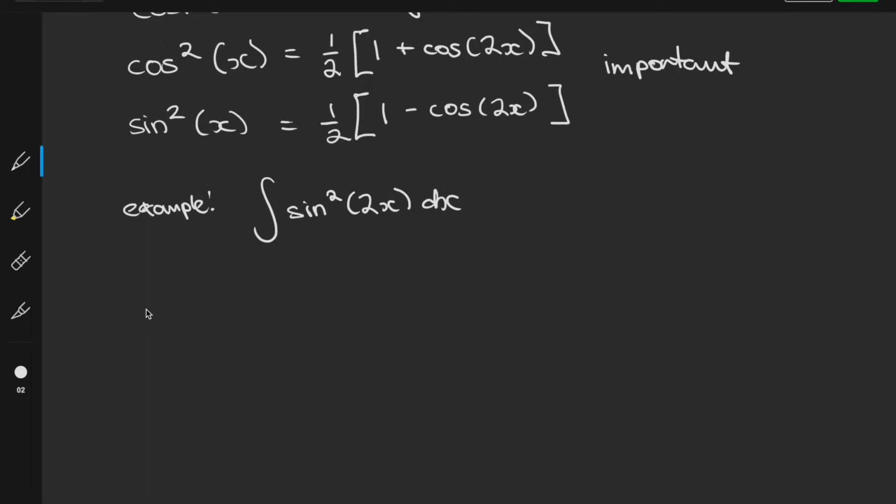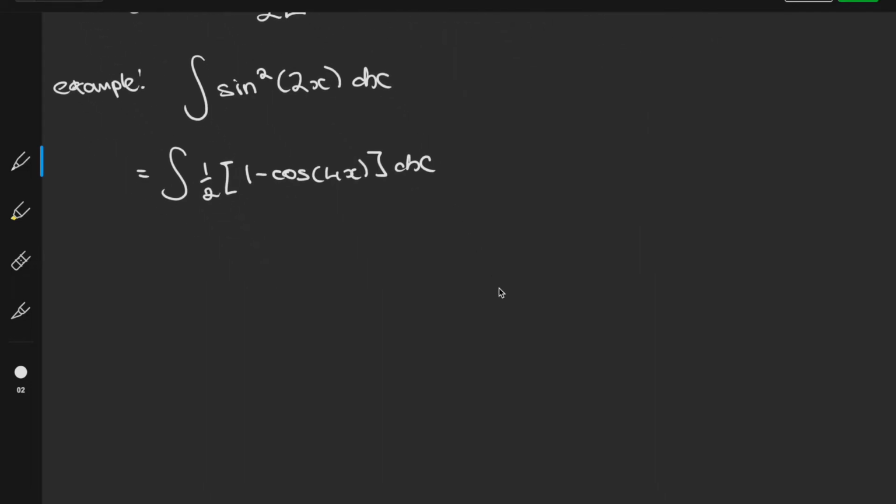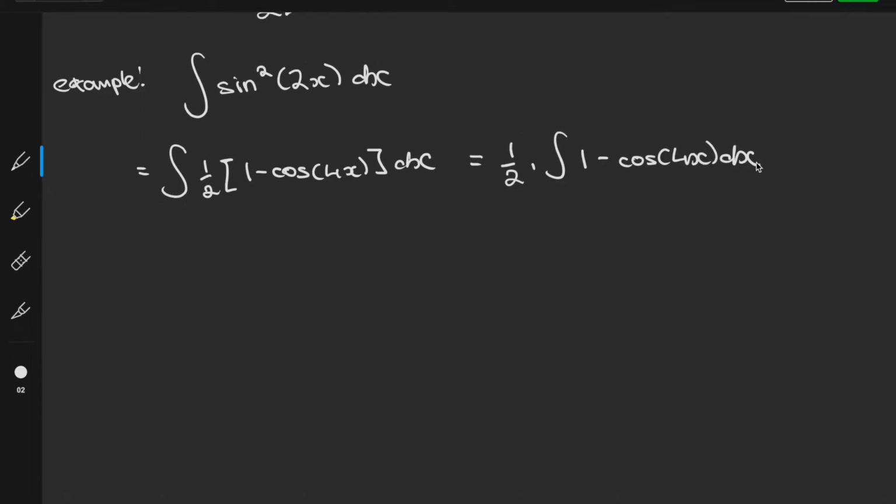So that will become the integral of 1/2 times 1 minus the cosine of 4x dx. That half can come out the front of the integral, which just makes things easier on the inside. So 1 minus the cosine of 4x dx.